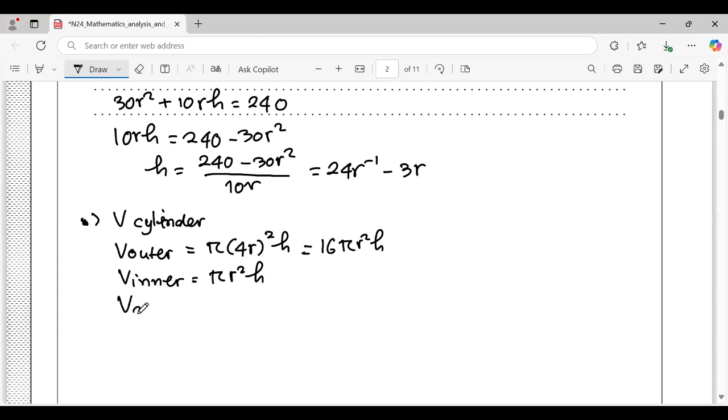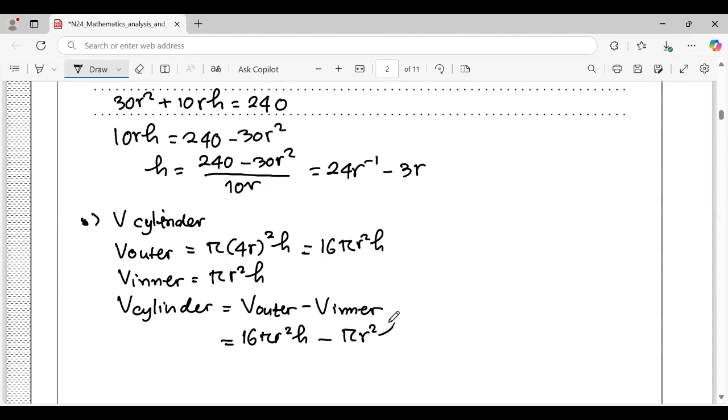So volume of cylinder equals volume outer minus volume inner, equals 16 pi r squared h minus 1 pi r squared h, equals 15 pi r squared h.